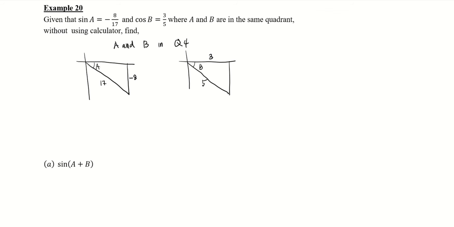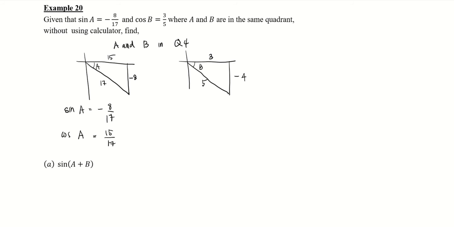Alright, so we can use the Pythagorean theorem. For A, we need to find the adjacent, which will be 15, and for B, we need to find the opposite, which for this question is negative 4. Since we already have sine A, which is negative 8 over 17, we can find cos A. Cos A is 15 over 17.